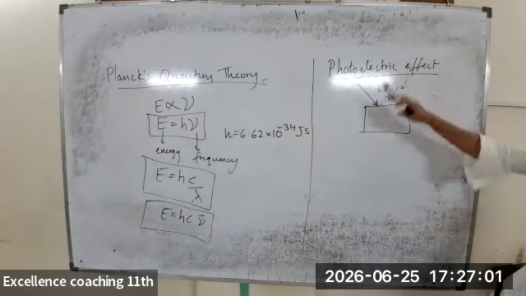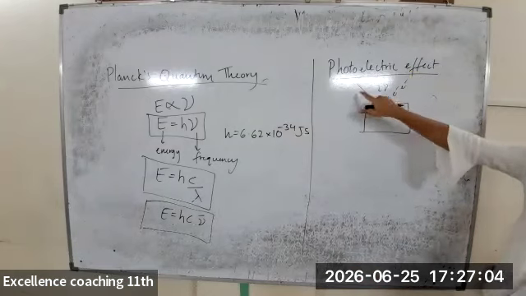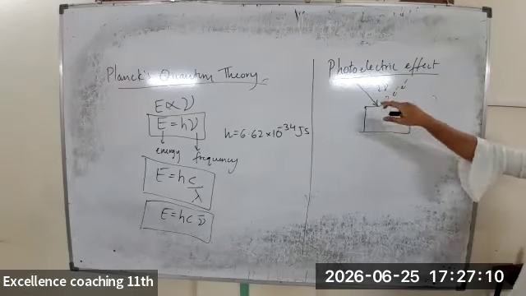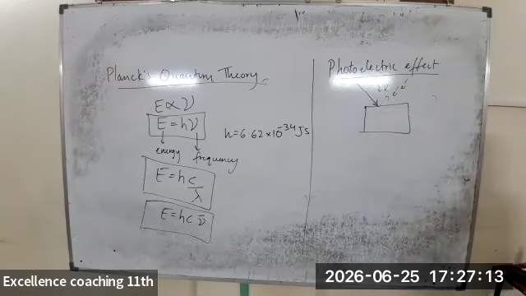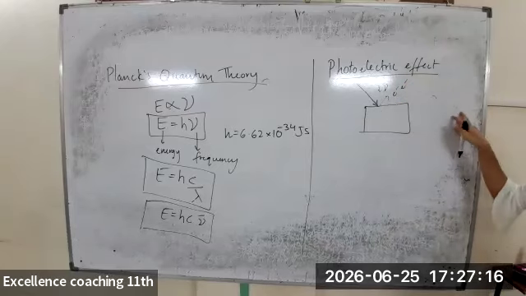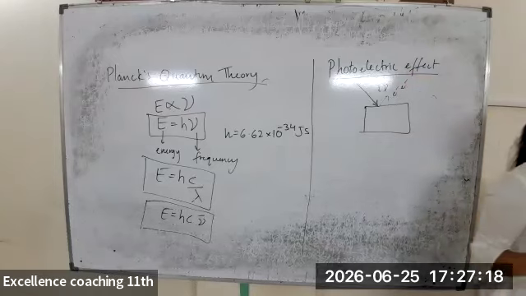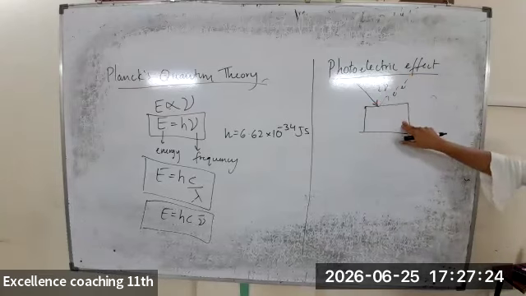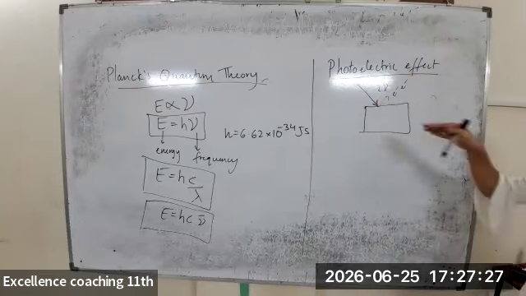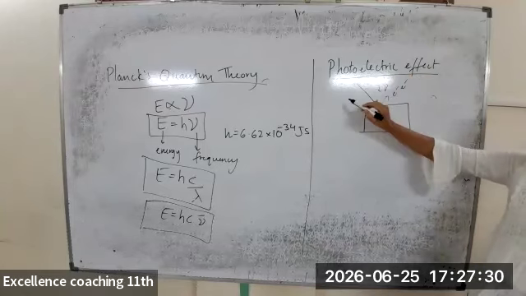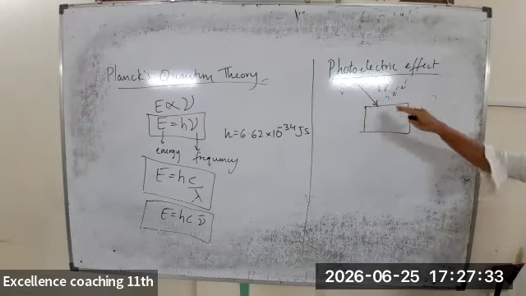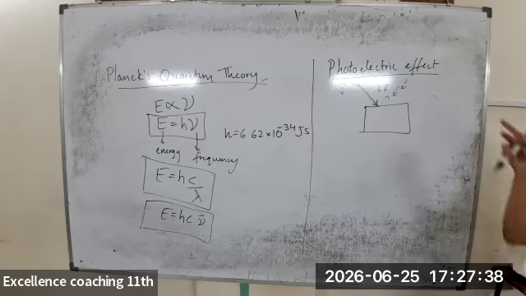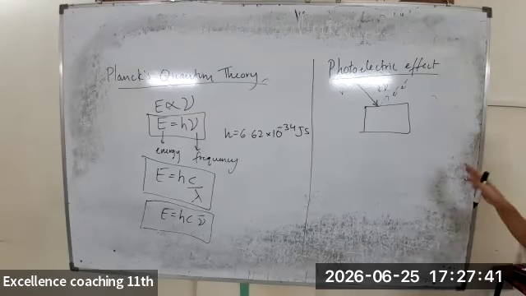So basically this concept of the radiation of a minimum frequency striking this metal surface, and due to the striking, some electrons being thrown out or given out, is called the photoelectric effect. Understood? This phenomenon is called the photoelectric effect.